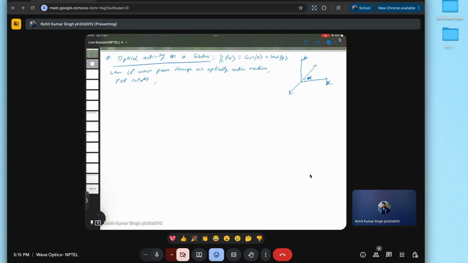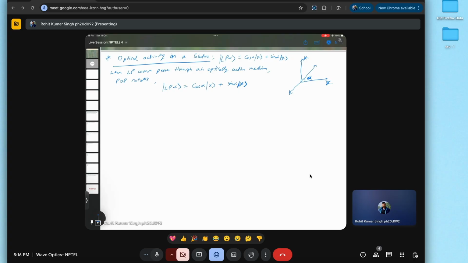To see that, like I wrote above, we can see this through the Jones vector. So what is a linearly polarized wave? It is some combination of x polarized and y polarized wave, right, which is given by this in the Jones vector notation.